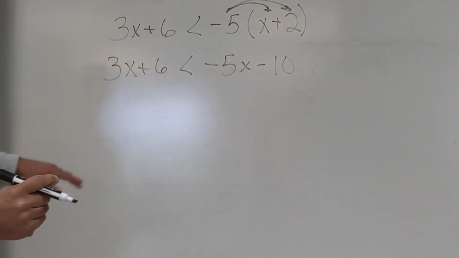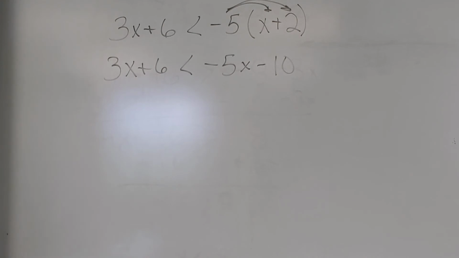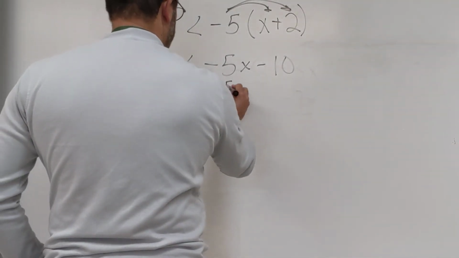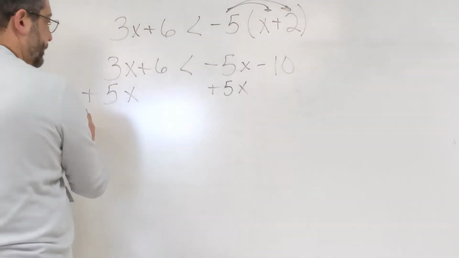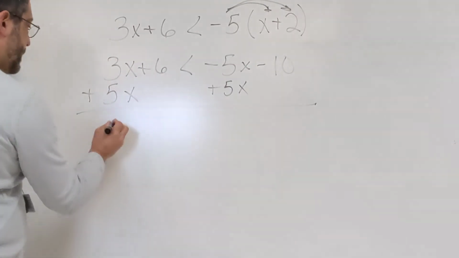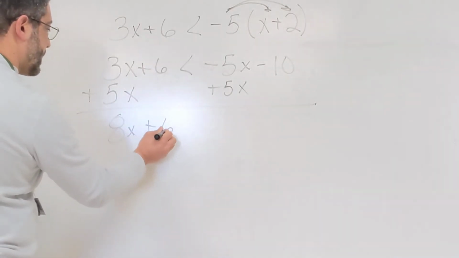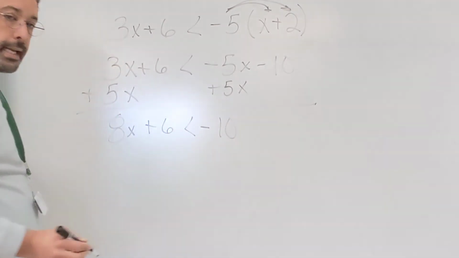Okay? So I need to move my 5x over here because I want to do the best I can to keep my variable on the left-hand side of the equation. So I add 5x to both sides. So that gives me 8x plus 6 is less than negative 10.